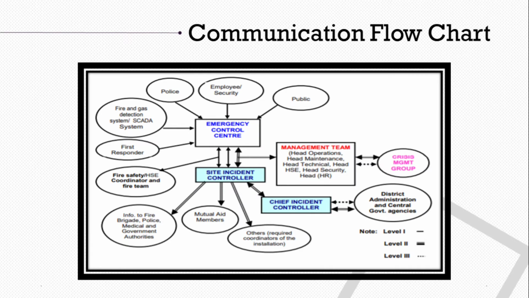Then the control room shift in charge actuates ERDMP and informs the Site Incident Controller, which is SIC. The Site Incident Controller or CIC, Chief Incident Controller, actuates ERDMP, and he will have to inform higher authorities as shown in the chart. Now further explanation will be given by my friend Kush.